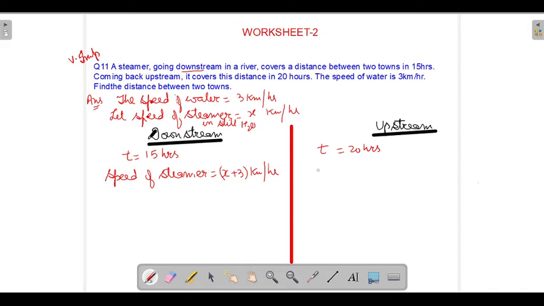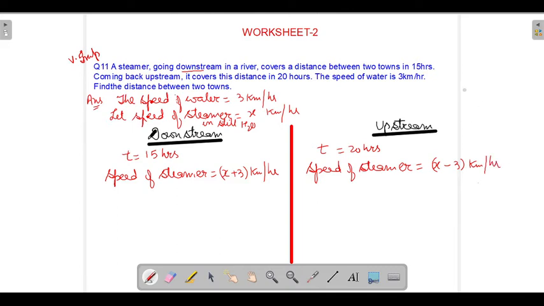In case of upstream, you have to subtract: steamer speed minus water speed, so x minus 3 kilometer per hour.